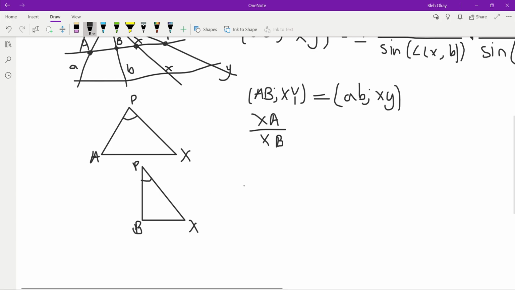What I mean is that the law of sines tells us that XB over the sine of this angle, which I'll call the angle from X to B, is equal to the length of any other side divided by the sine of the angle across from it.